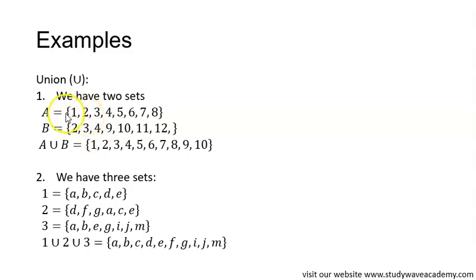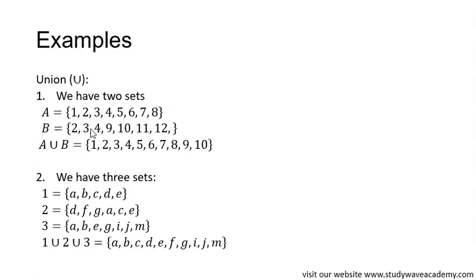What does that mean? In set A, we have 2 and we also have 2 in B. We are taking only one 2, it is not going to be repeated as 2, 2. We have 3 in set A, we also have 3 in set B. It's not going to repeat two times, it's just going to be there once. That is what it means.